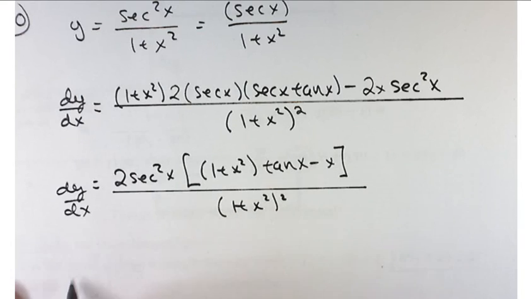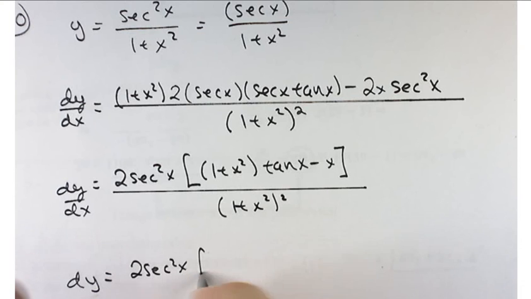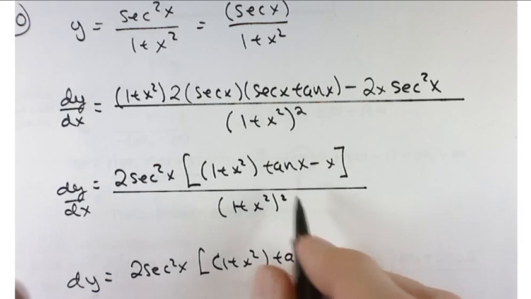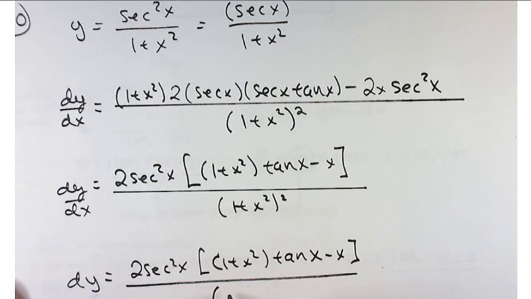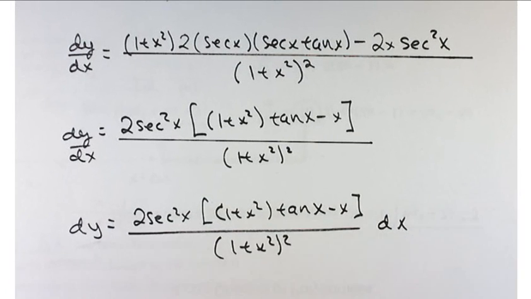So that one little extra point here on a problem like this is to multiply both sides by dx and write this as 2 secant squared of x times this whole numerator divided by 1 plus x squared squared, tangent of x minus x, times dx. So just put that dx term on the right-hand side when you're all done. Now you can declare victory.